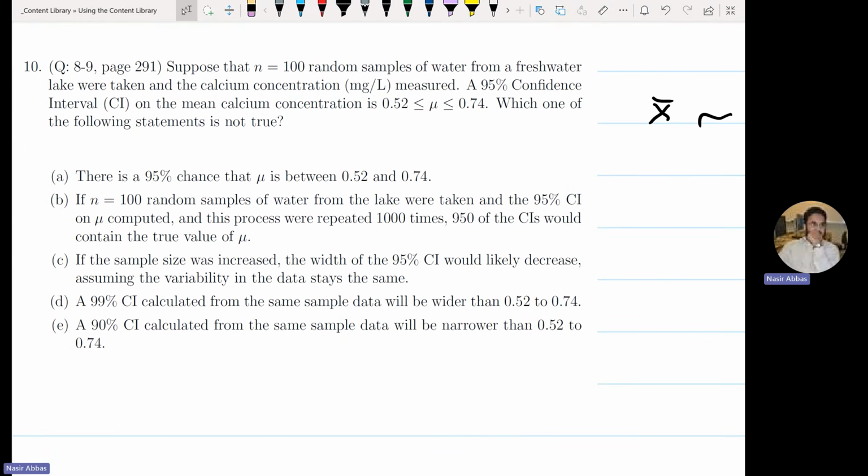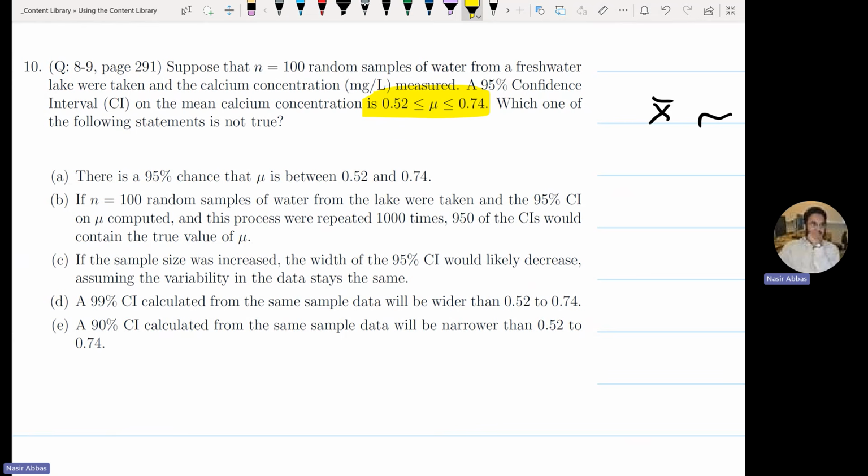Question 10. Suppose that you have 100 samples of size 100 from a freshwater lake taken and you note the calcium concentration in those 100 water samples. A 95% confidence interval on the mean concentration is found to be between 0.52 and 0.74.